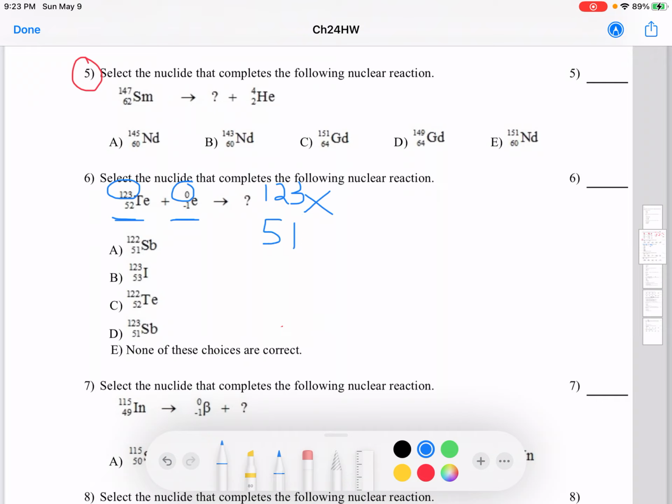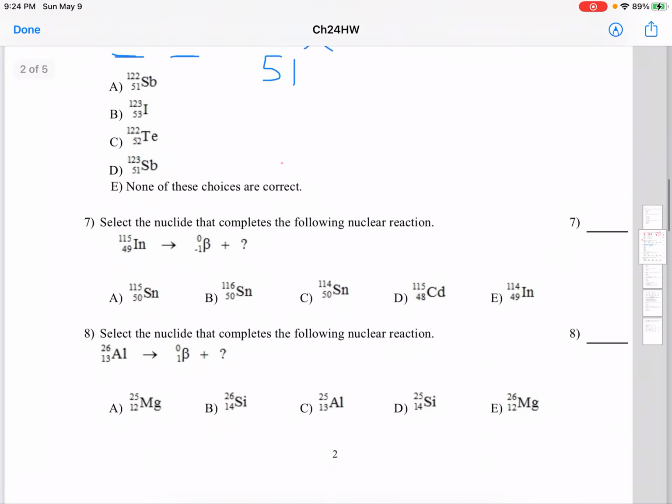So 123, 51. You choose the one element that has the mass 123 and charge 51. Okay, that's how you do these reactions.